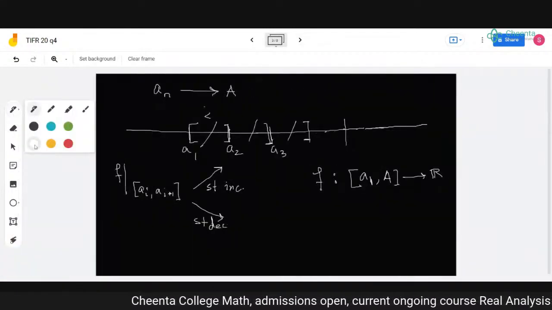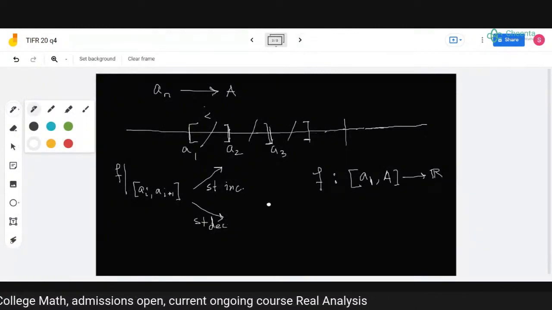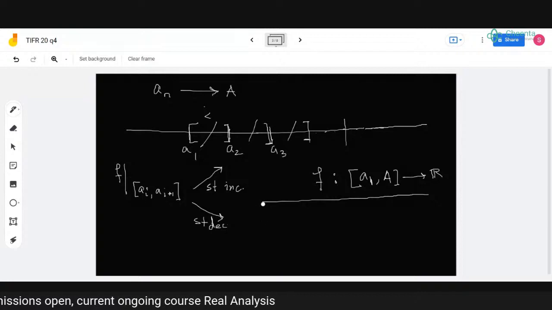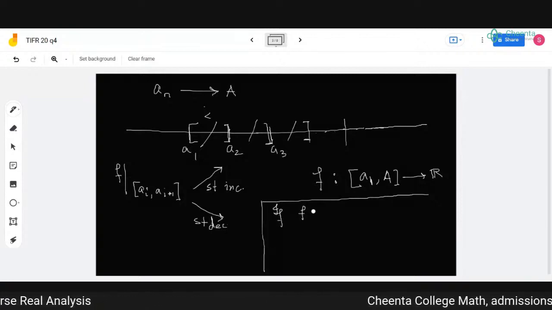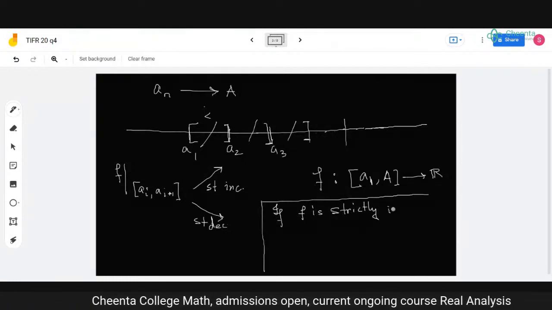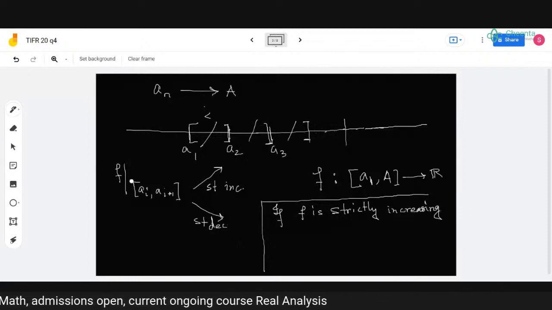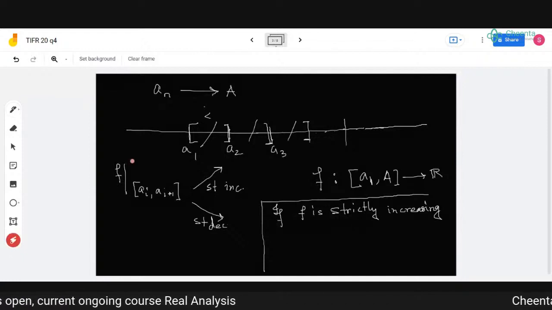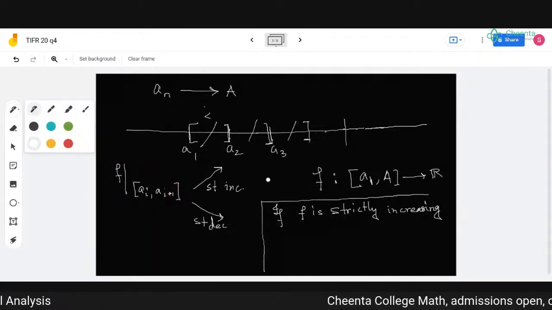But now if f is strictly increasing, so now I'm not taking any restriction of f, I'm actually taking it to be strictly increasing everywhere.